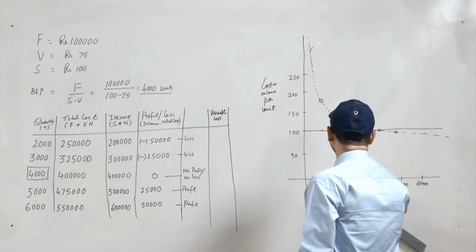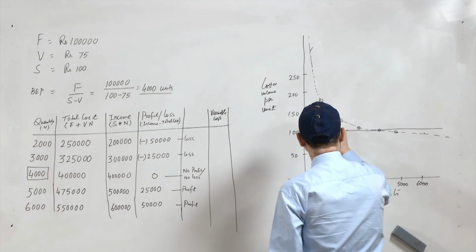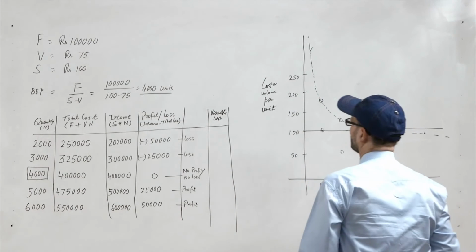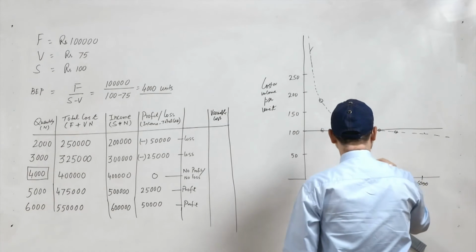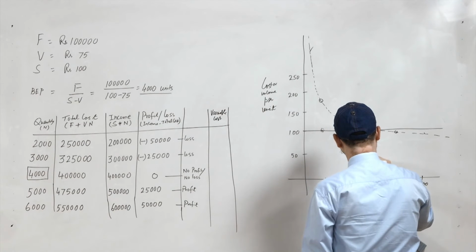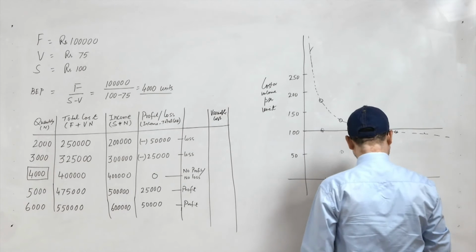For 2000 units it will be 50. For 3000 units it will be 33.33. For 4000 units it will be close to 24.